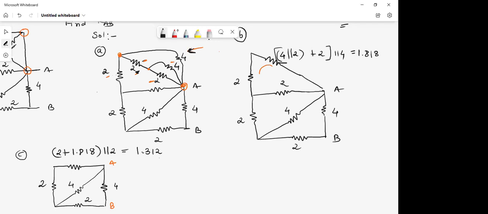Sir, it's coming to be 1.312. That's correct. That's what I am also getting. Just try it again, the one who was getting 1.313. आराम से.